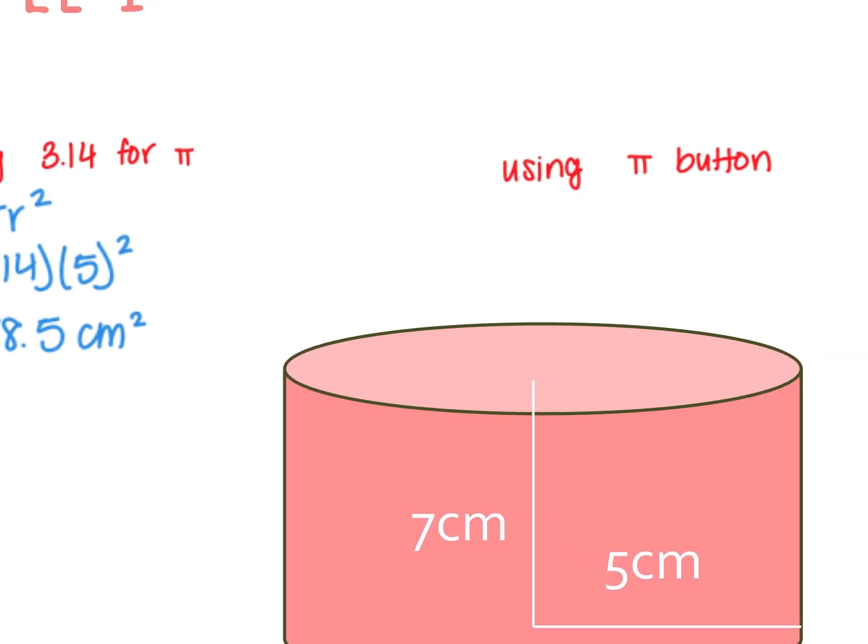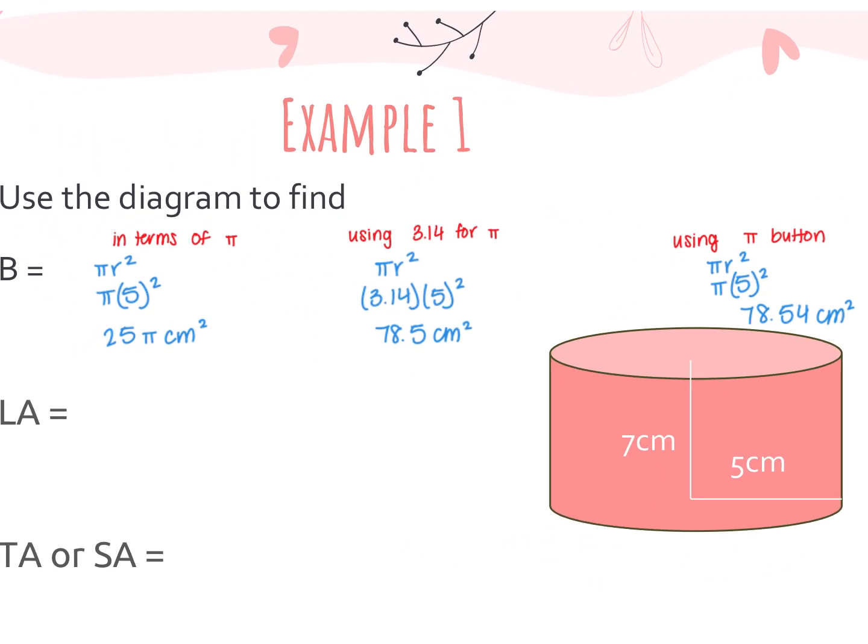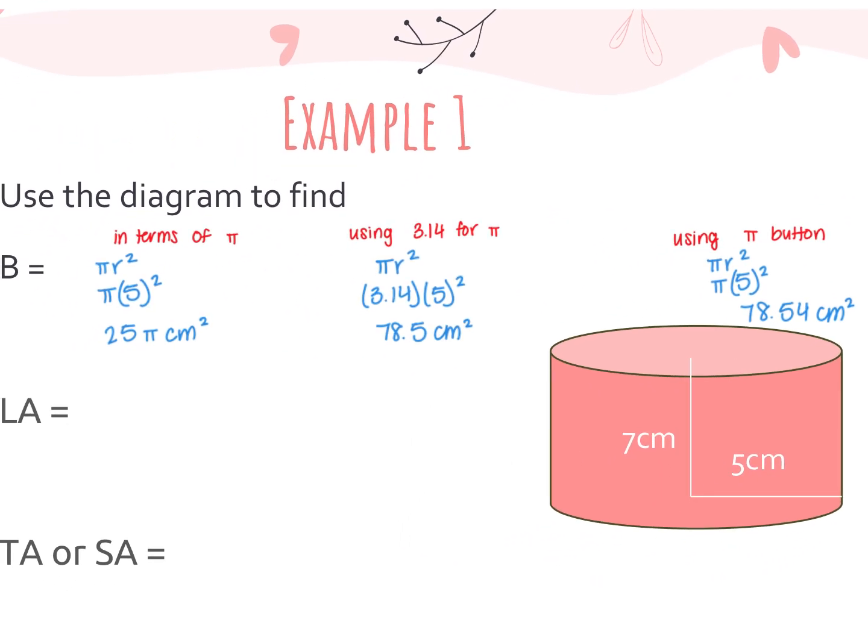And then looking at the last one, using my pi button, I'm going to round to the nearest hundredth, or 100th decimal. Same thing, pi r squared. I'm going to have pi times 5 squared using my pi button. If I rounded correctly, I'm going to get 78.54 centimeters squared.